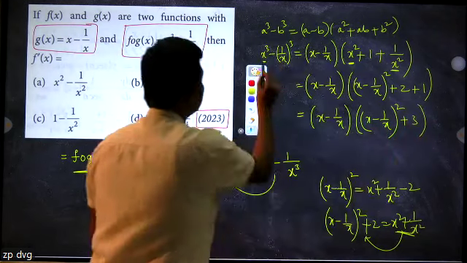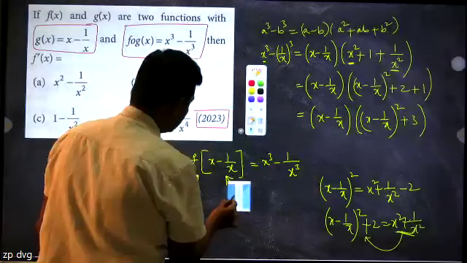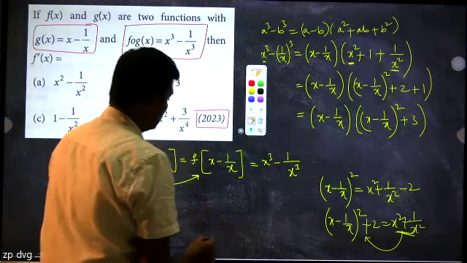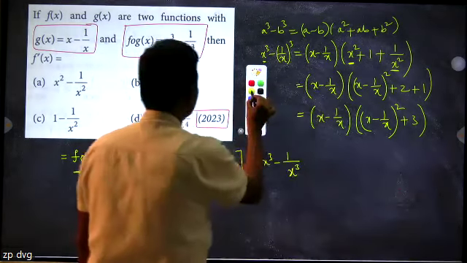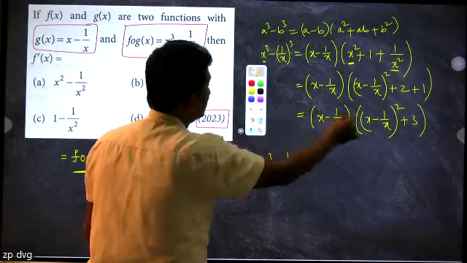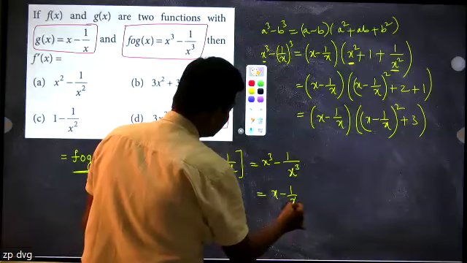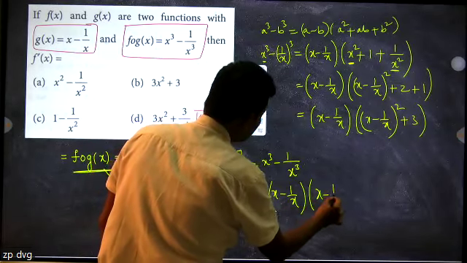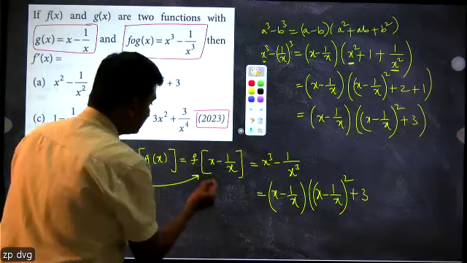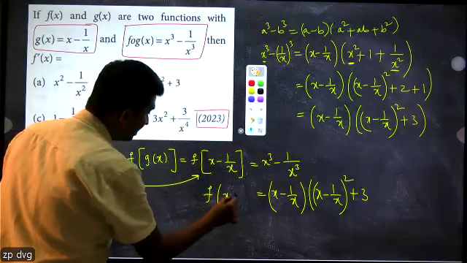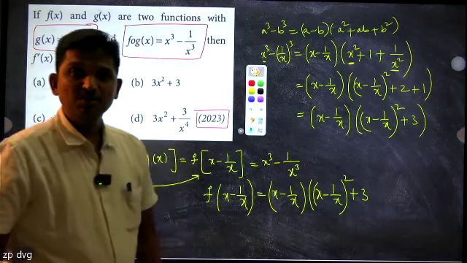What is this? x cube minus 1 by x cube can be written as x minus 1 by x into x minus 1 by x whole square plus 3, right? What is this? This is f of x minus 1 by x. Now I got this completely in terms of x minus 1 by x.